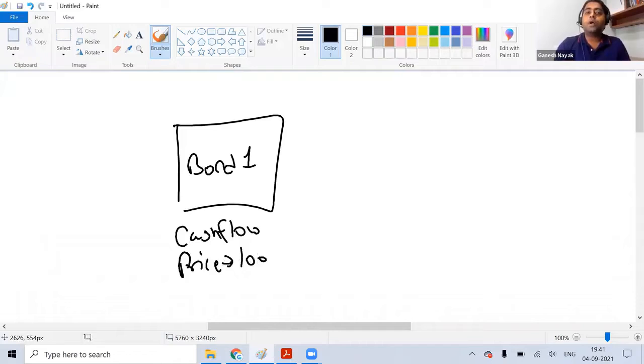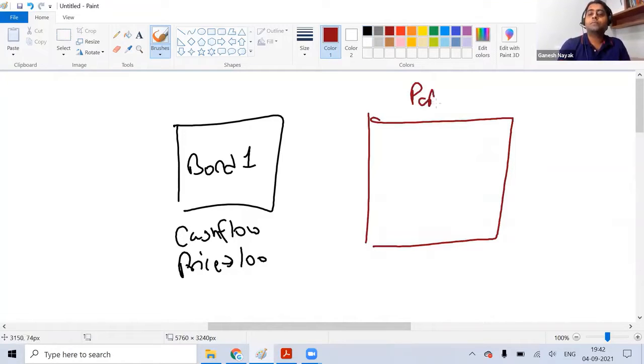Now if you want to understand whether the price that you see in the market offers arbitrage opportunities, you will have to create a new portfolio, and this portfolio would be created from different bonds. Let us assume there are bonds number 2, 3, 4, 5, 6, as many bonds as you want.